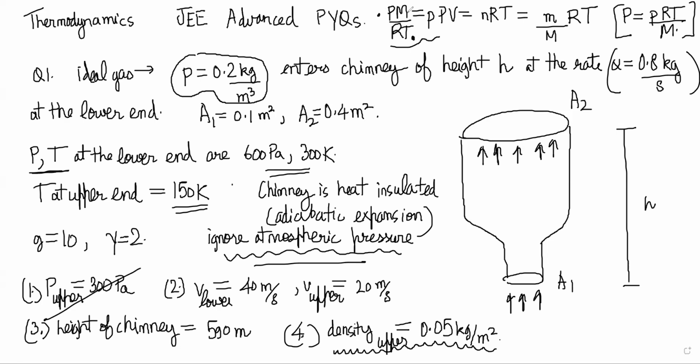Capital M and R will remain constants, so you just need to compare rho 1 to rho 2 at the upper end.